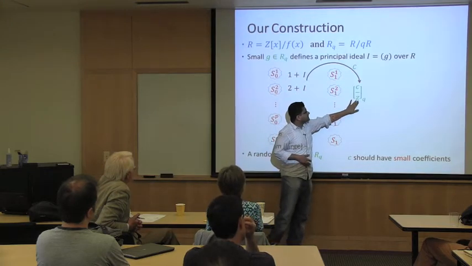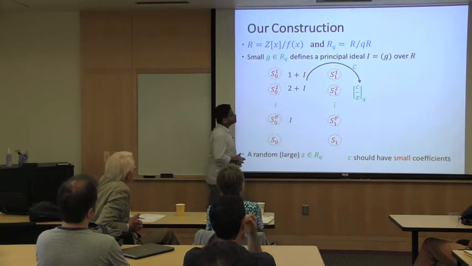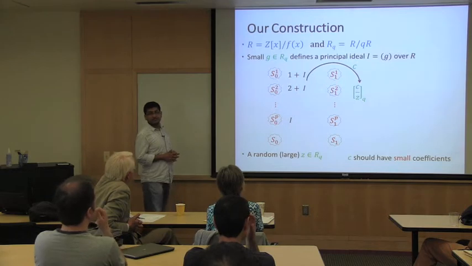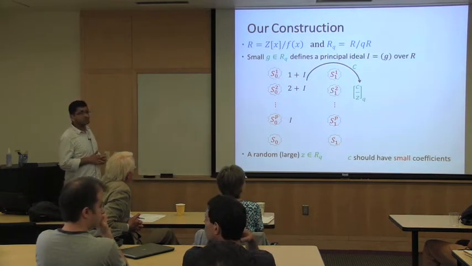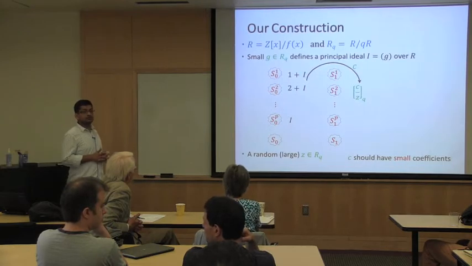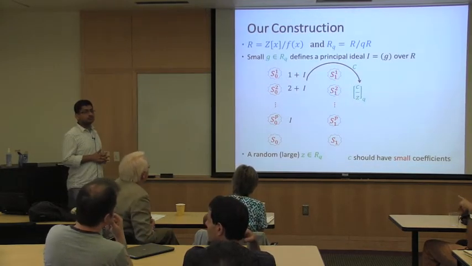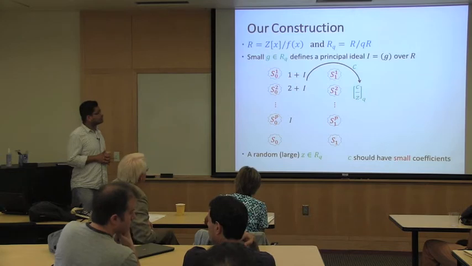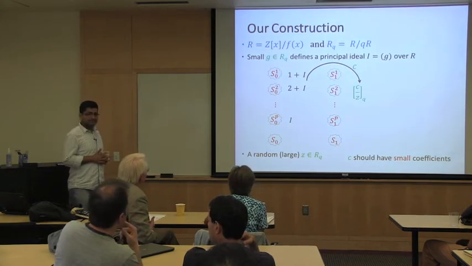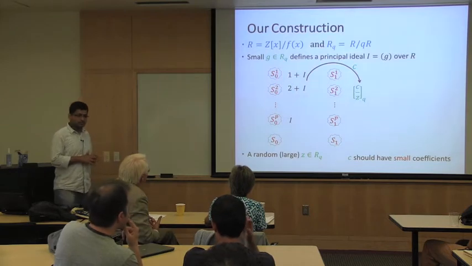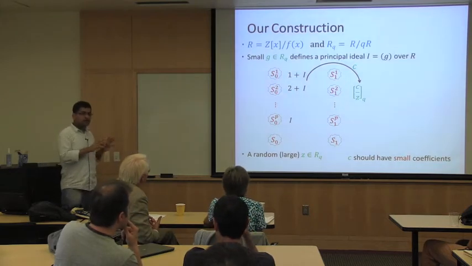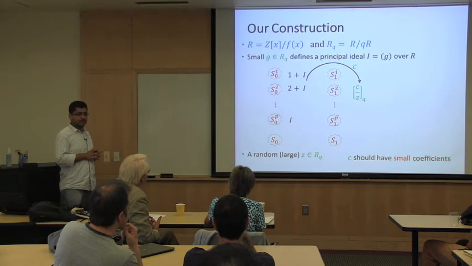Then I divide it by Z and do all the operations in RQ, and I'm going to represent this element as my S1. Z is just random in RQ. There's no requirement on Z. So whenever I use the square brackets for Q, I mean that operations are being done in RQ, not in R.